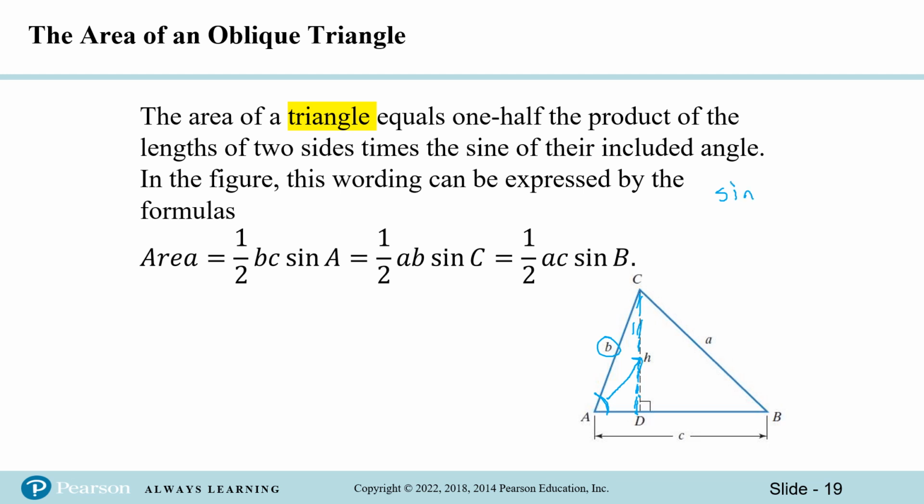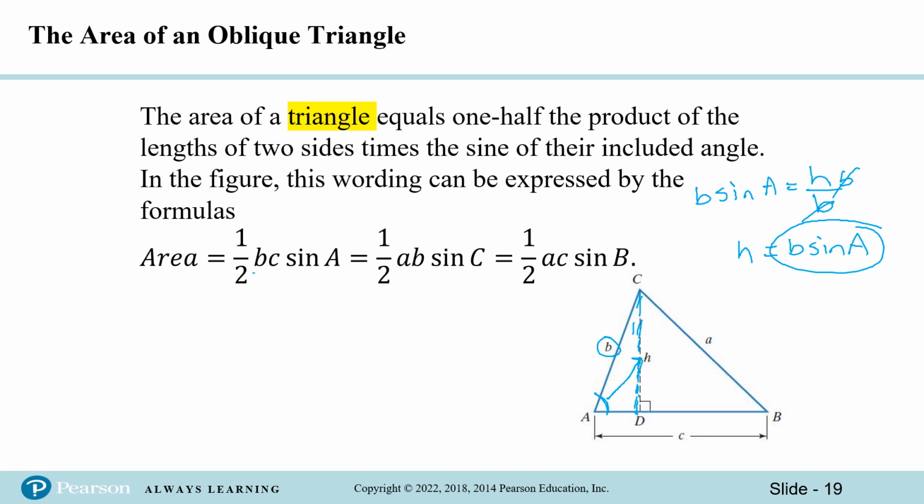So the sine of A is equal to the H over B. And if you multiply both sides by B, then one way to write the height is B sine A. So this right here is one way to write the height.